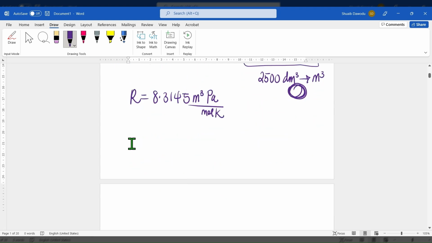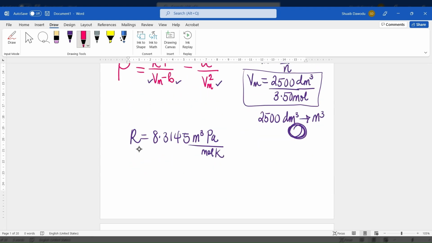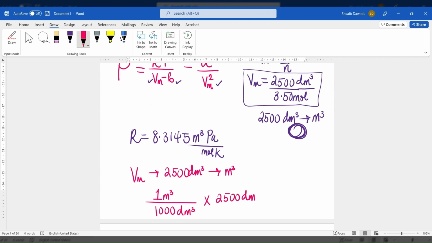Now I'm going to calculate the information for molar volume. So for molar volume, we're going from 2500 decimeter cube to meter cube. So that would be 1 meter cube divided by 1000 decimeter cube times 2500 decimeter cube.